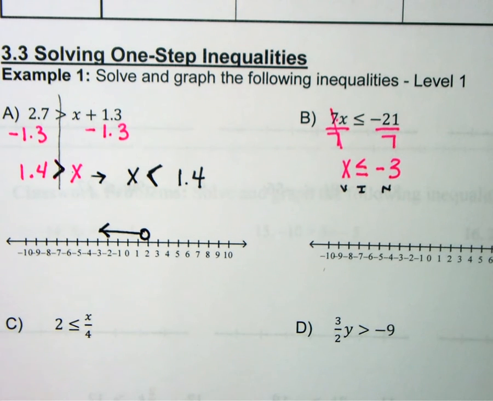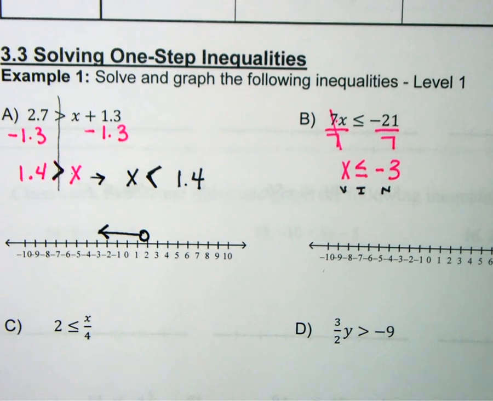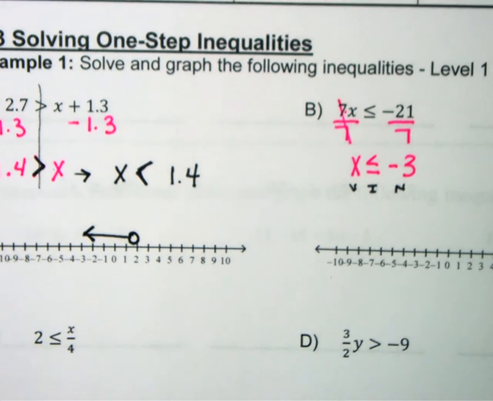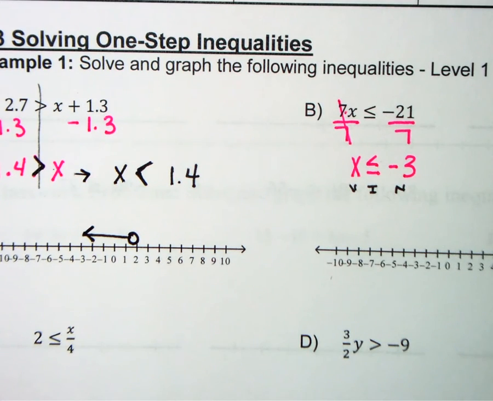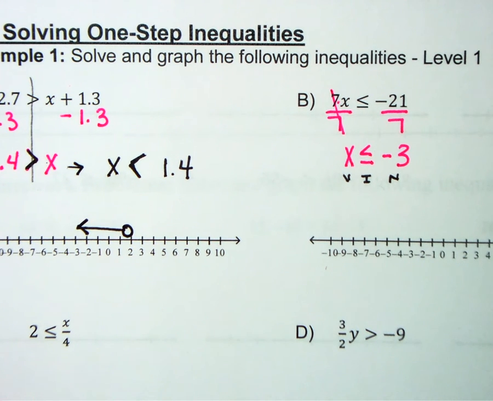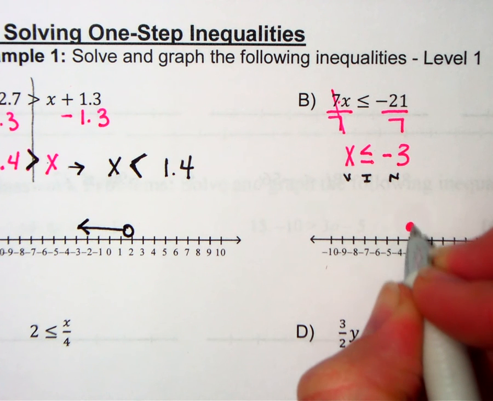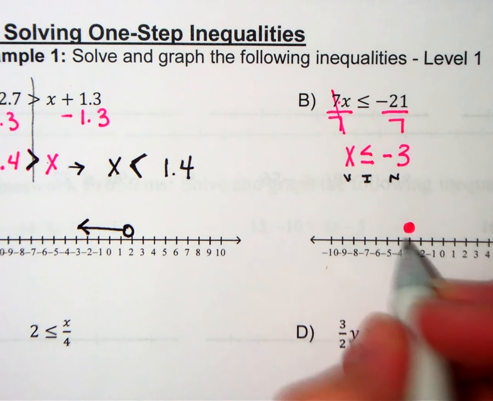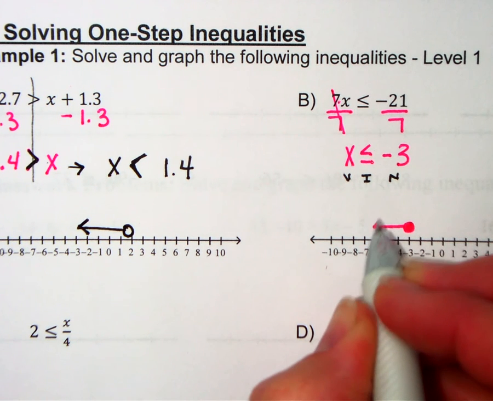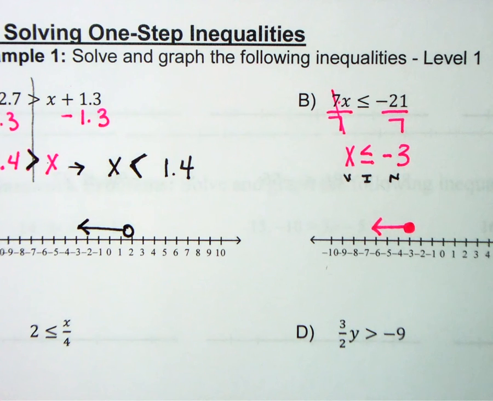I can go ahead and just graph it. When I graph this, I want to put a circle at negative 3. This one's going to be a closed circle at negative 3. And because it's in VIN form, I can just go ahead and point my arrow to the left.